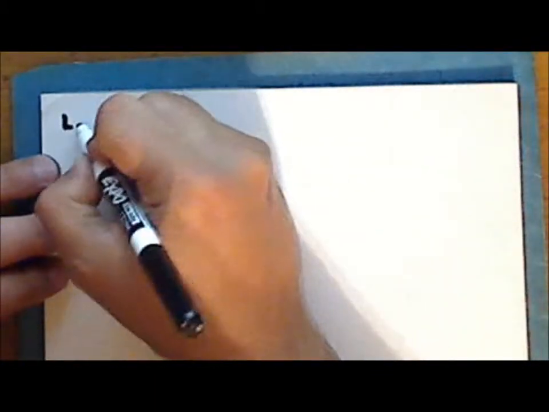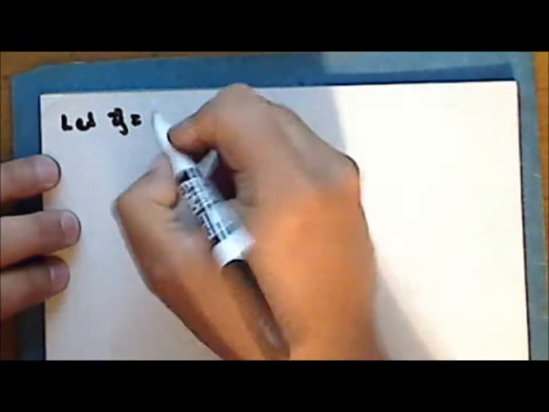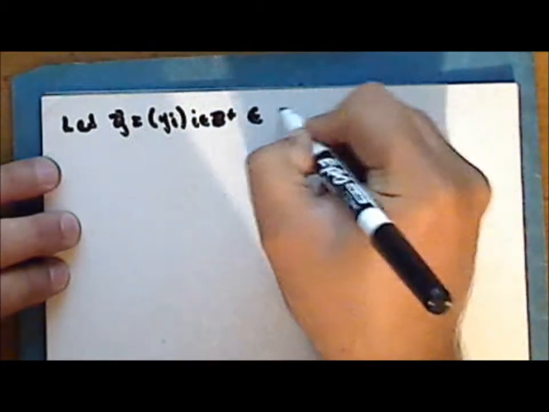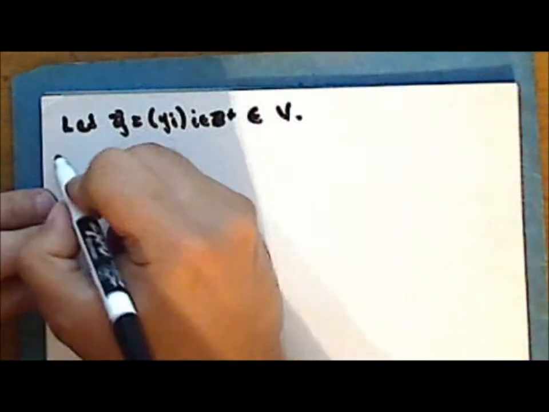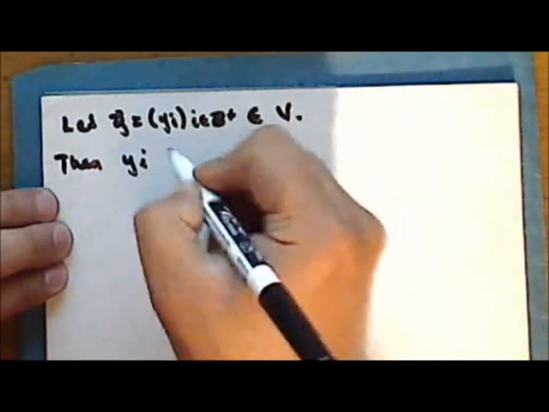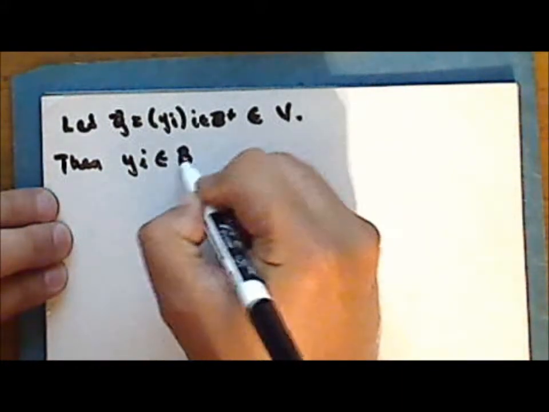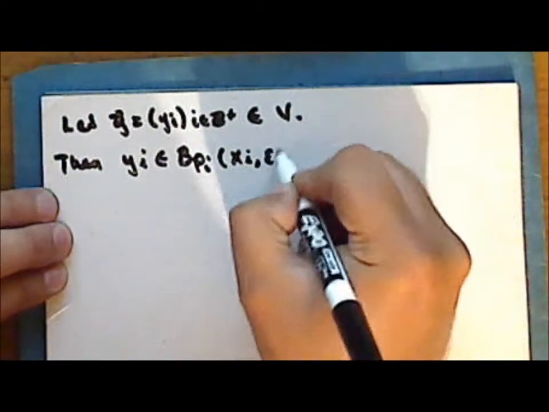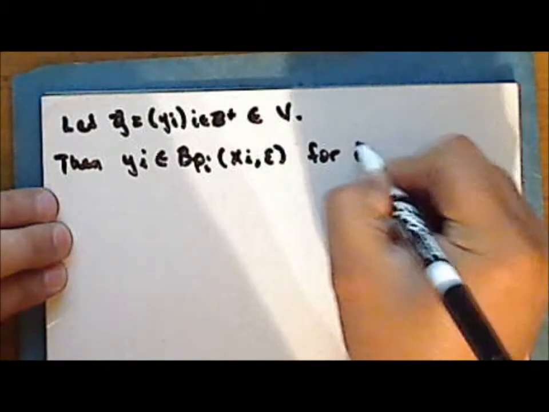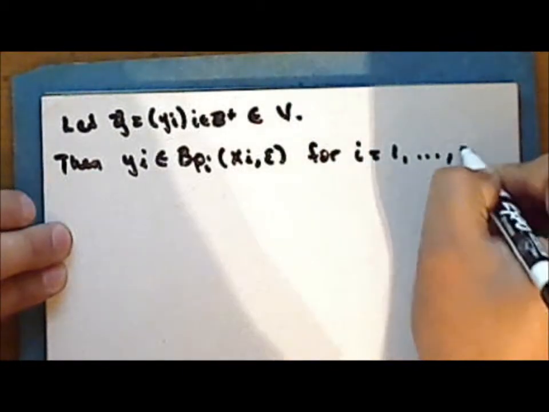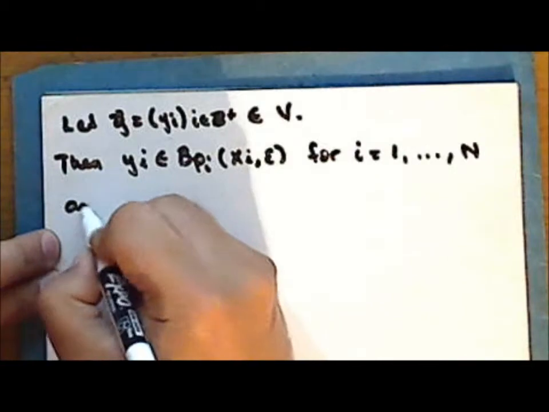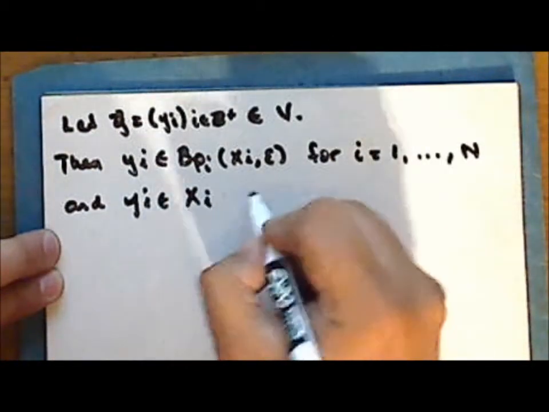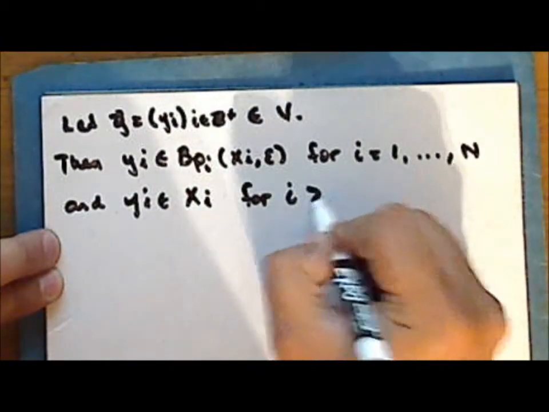So let the point Y, having coordinates y sub I for I in the set of positive integers, be in the set V. Then the coordinate y sub I is in the open ball under the metric rho sub I centered at the coordinate x of I with radius epsilon for values of I from 1 to this positive integer n, and otherwise the point y sub I is definitely in the set x of I for values of I greater than n.